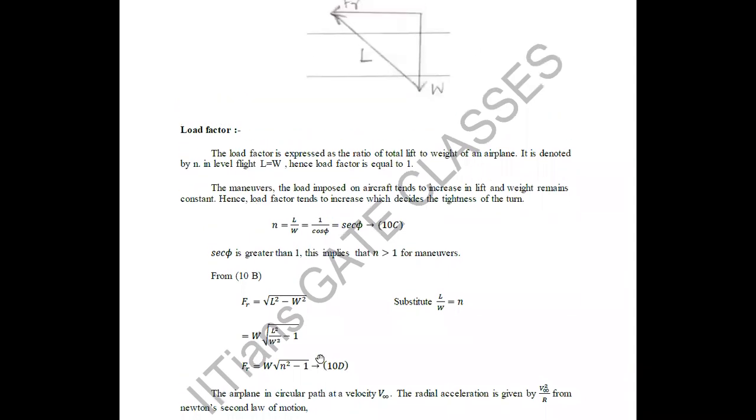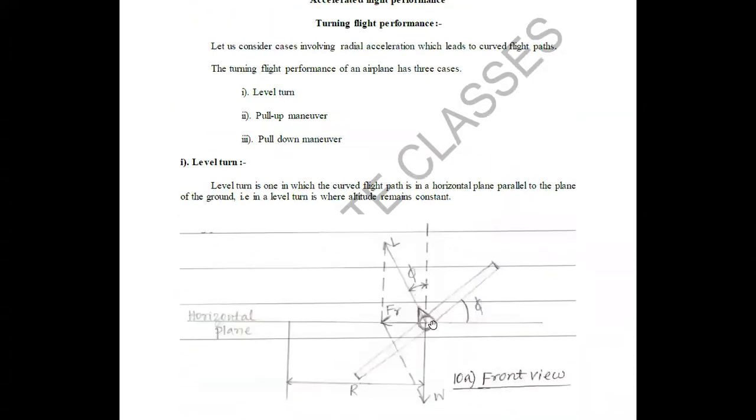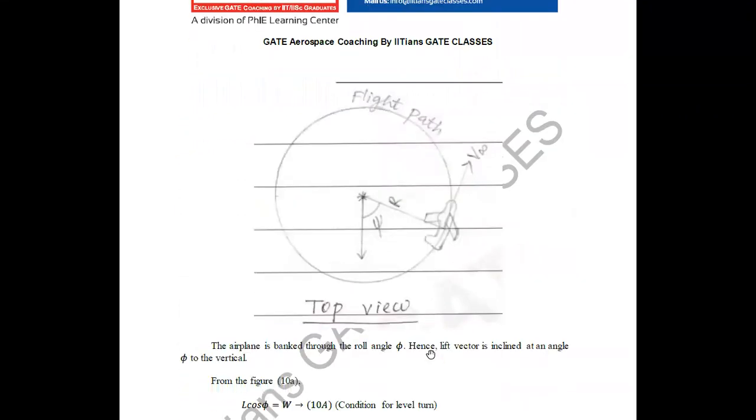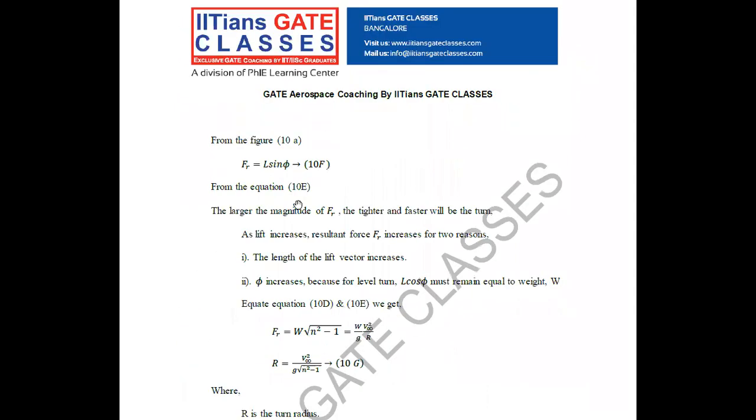From the first figure, the resultant force can also be written as L sin phi, because the lift component away from the angle is sine. So resultant force equals L sin phi.